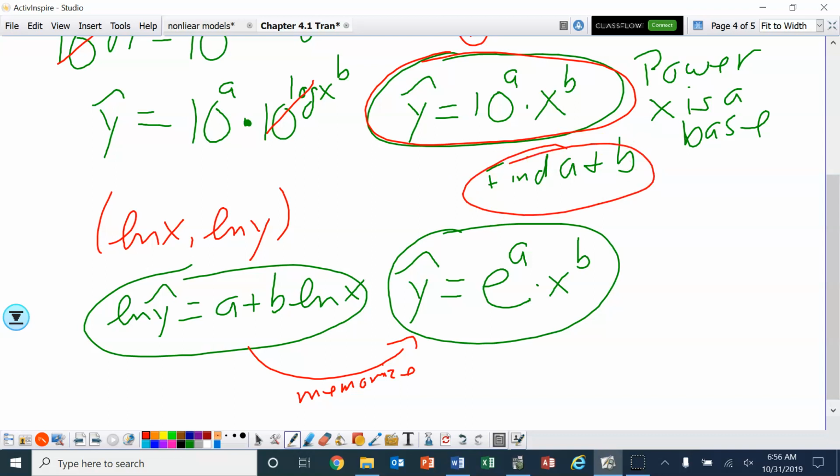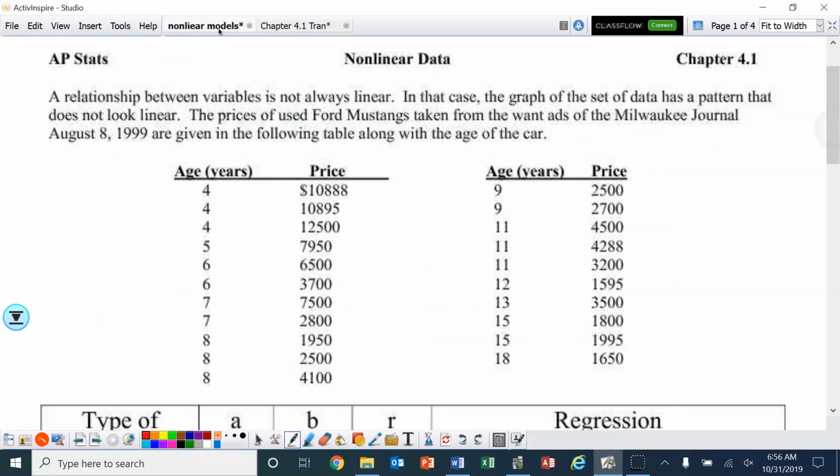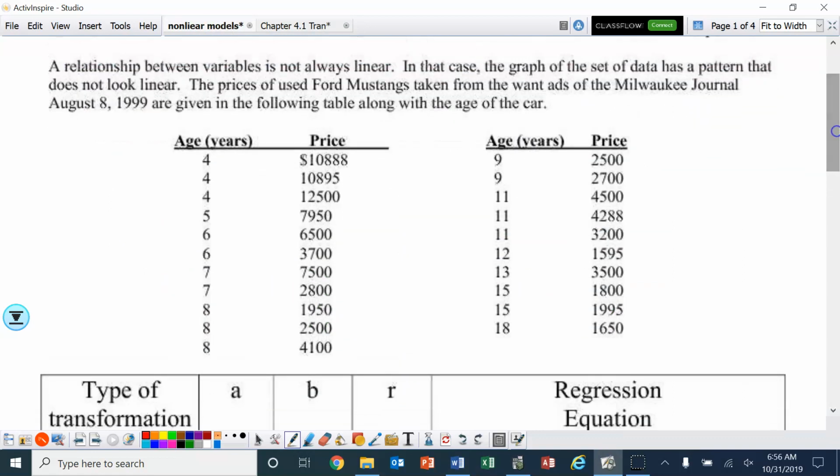All right, so here we go. So let's go to this. The age: we've got a relationship between the two variables, and this one is dealing with the prices of Ford Mustangs and how old they are.